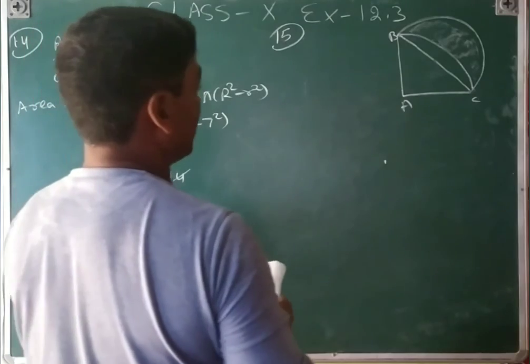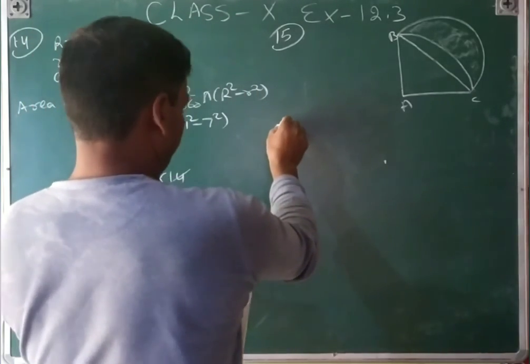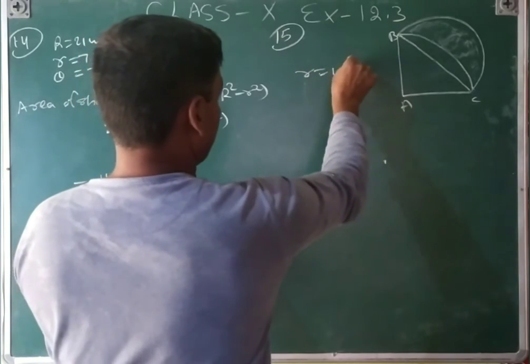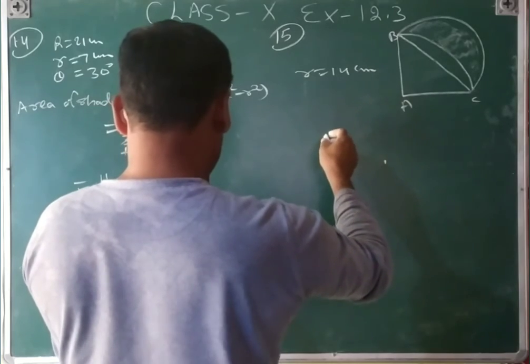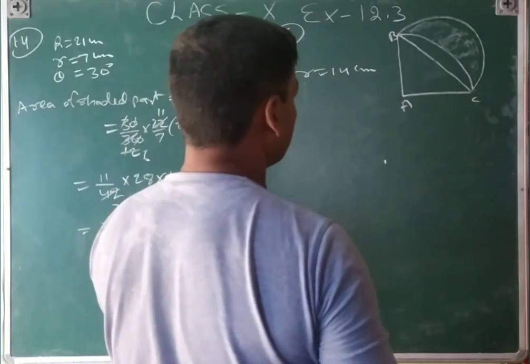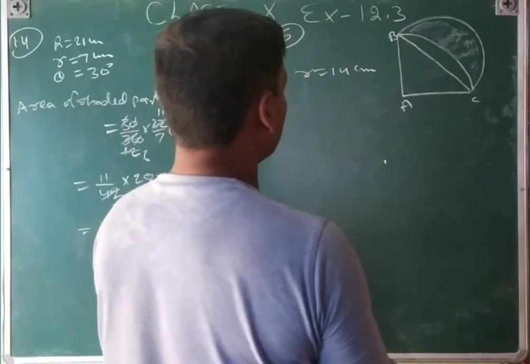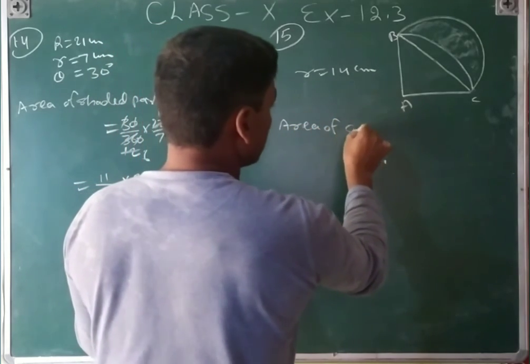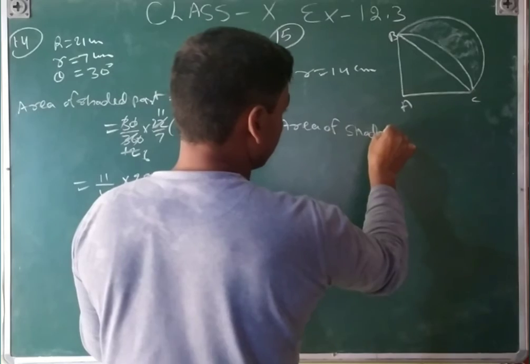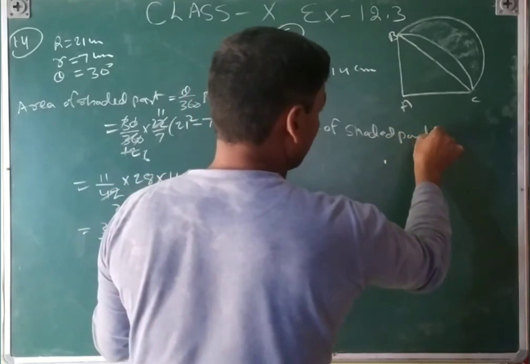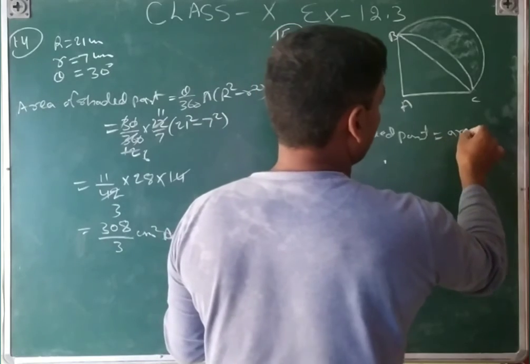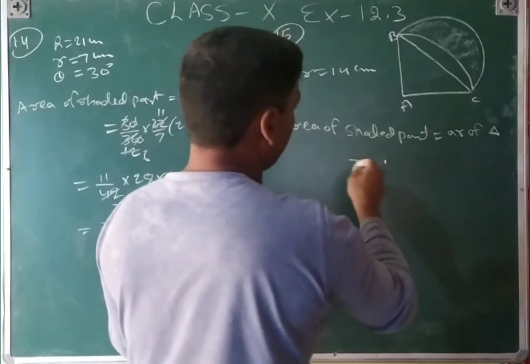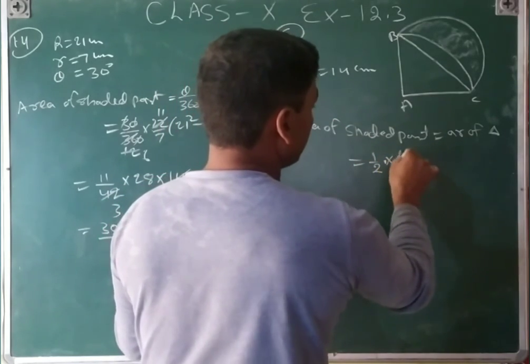Area of segment. See that R is given as 14 centimeter. So obviously the area of the shaded part is equal to the area of the triangle. The area of the triangle will be 1 upon 2 into base into height.